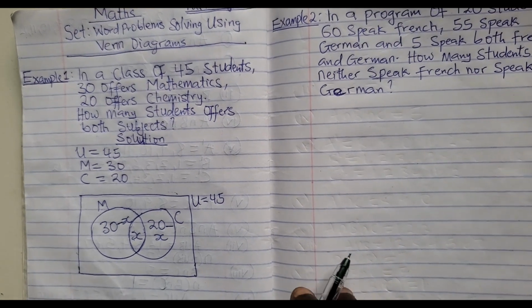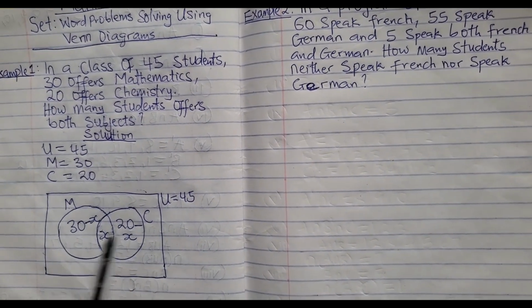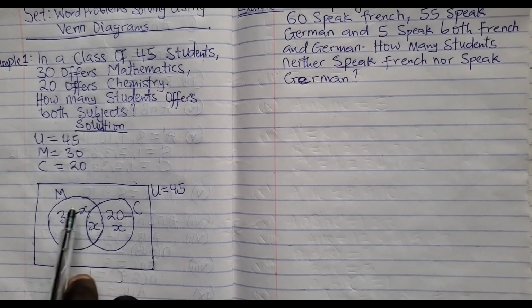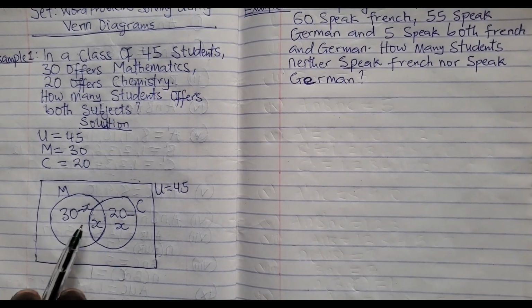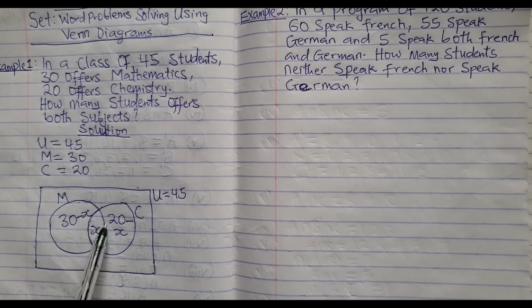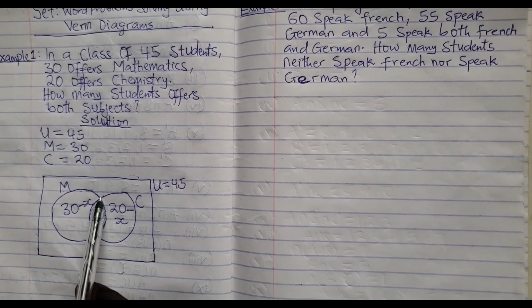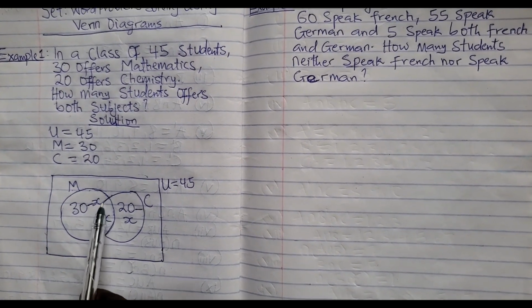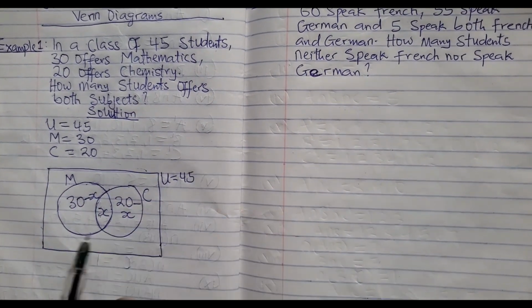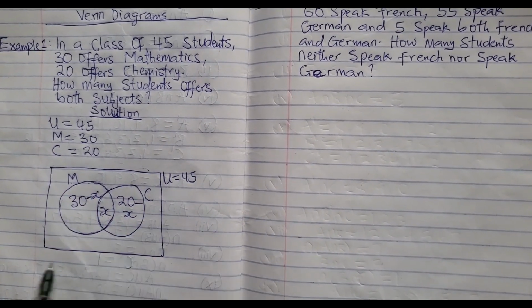Now we need to add up everything here to be equal to the universe. This 30 minus x is for only this shape. So let's add everything together and make them equal to the universe.